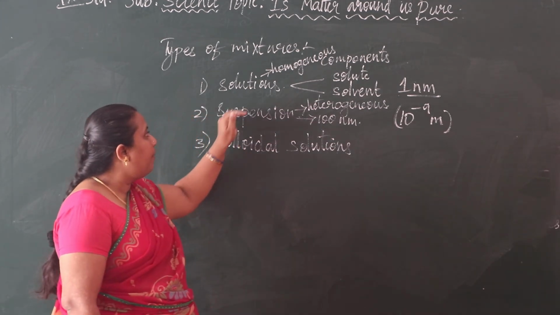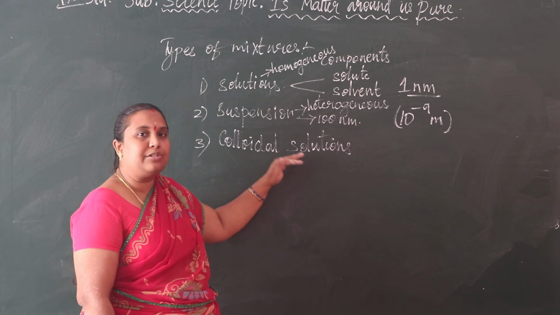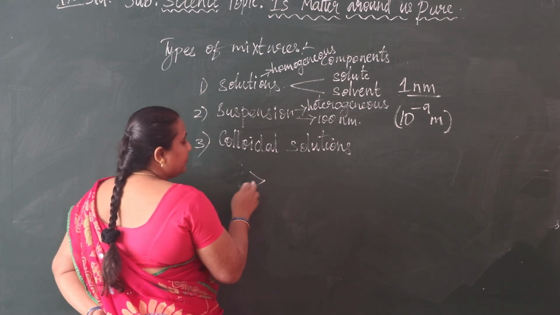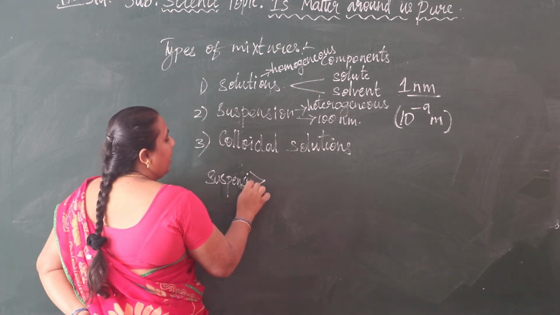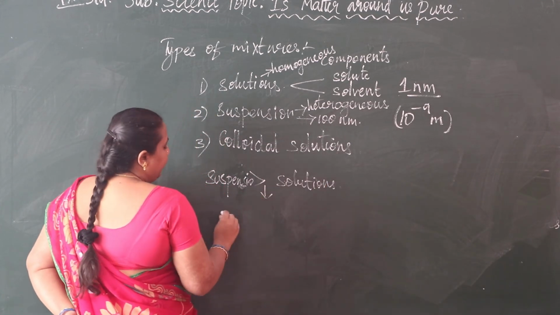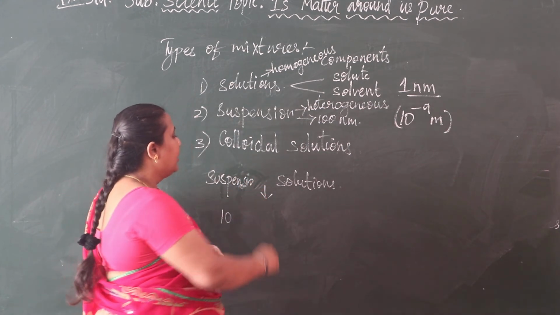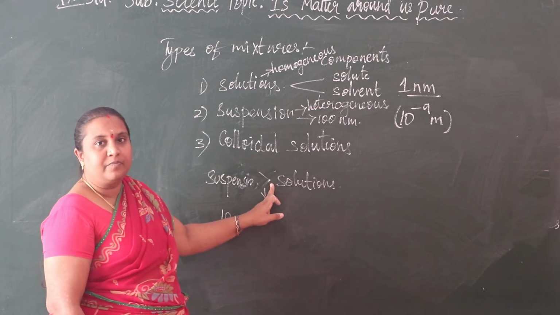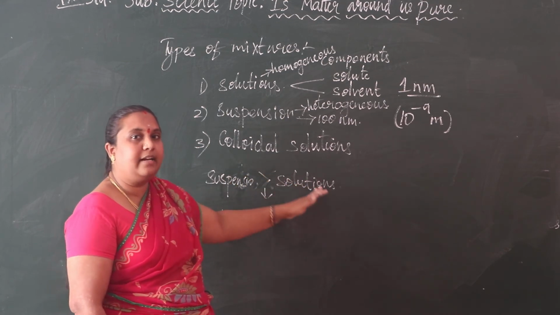We have the combination of solutions and suspensions, and we say it is a colloidal solution. So the particles in the colloidal solution are greater than the solutions and less than the suspensions.